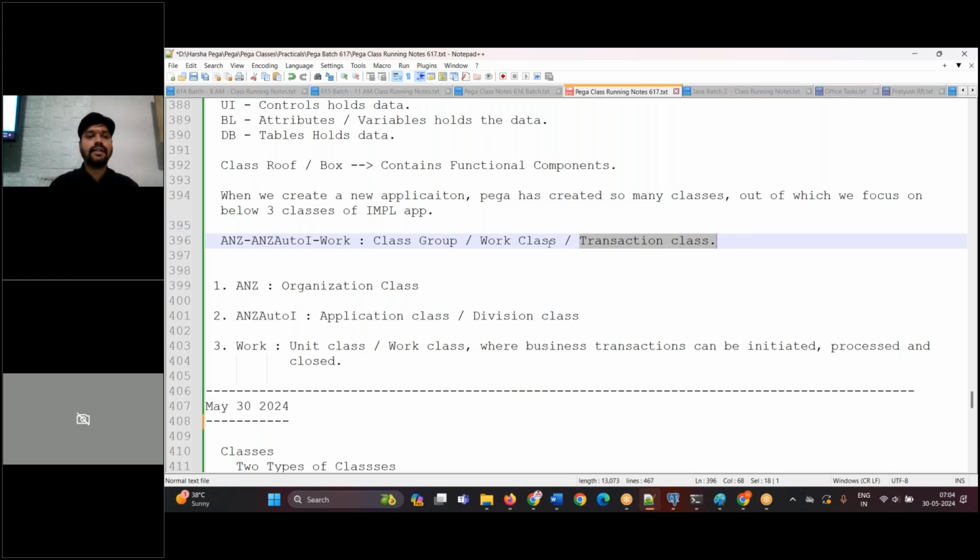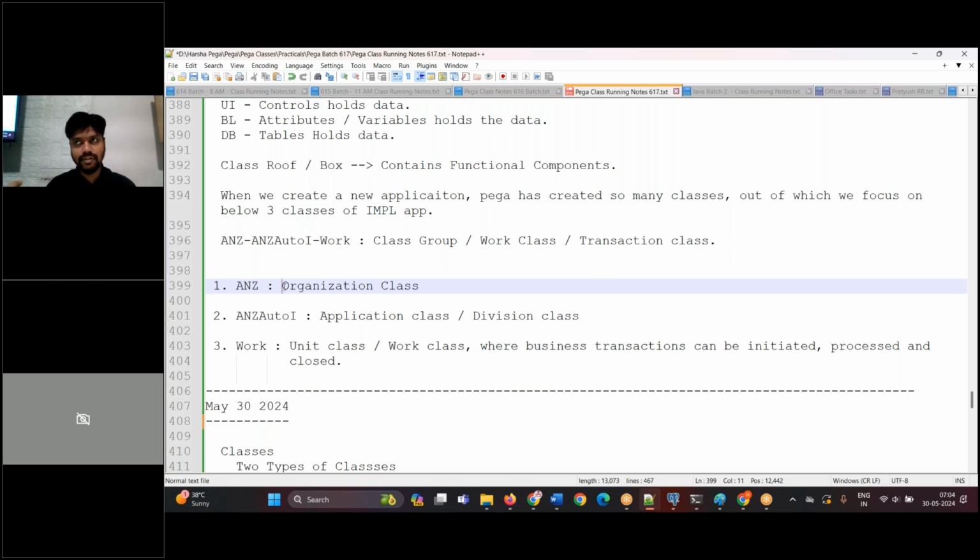If you look at the names of these 3 classes, the first class name is ANZ. By name, it is matching with the organization name. Our organization name is also ANZ. Taking that same name, the wizard has automatically created one class called ANZ.